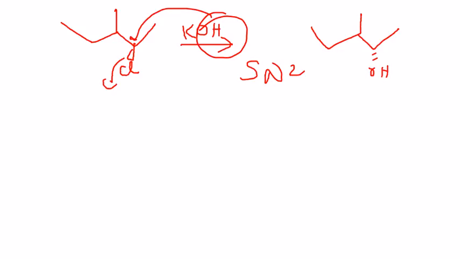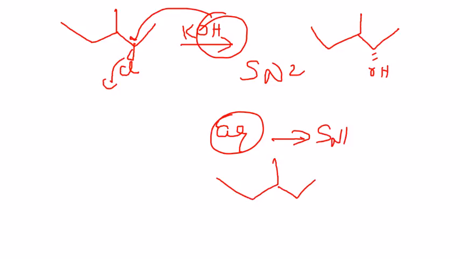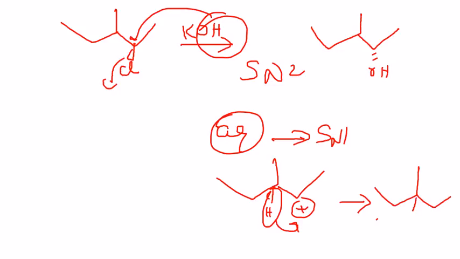Now, if they would have said KOH and then given aqueous, then that would mean an SN1 route. In that case, you would have obtained a carbocation as the intermediate, and you should then take the time to show the hydride shift, which is going to give you a racemic mixture, which really is an achiral molecule like that.